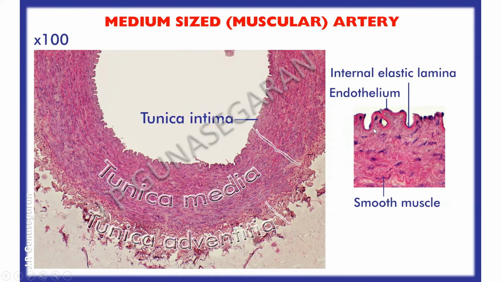Another characteristic feature of muscular artery is the presence of a well-developed internal elastic lamina thrown into wavy folds beneath the endothelium. The tunica adventitia is relatively thin. Please note the inner part of the adventitia contains more elastic fibers.